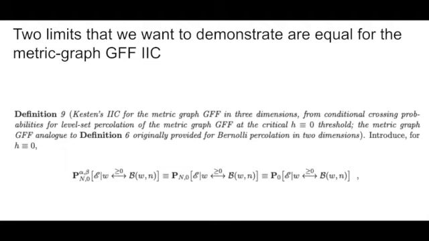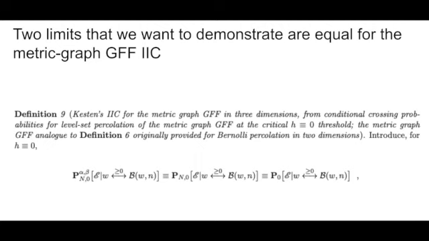For notational convenience, we just suppress some of the parameters that are introduced in the probability measure, namely we don't include alpha, beta and n, so we can just have this probability across the critical height threshold of 0 of this conditional cylinder event occurring.